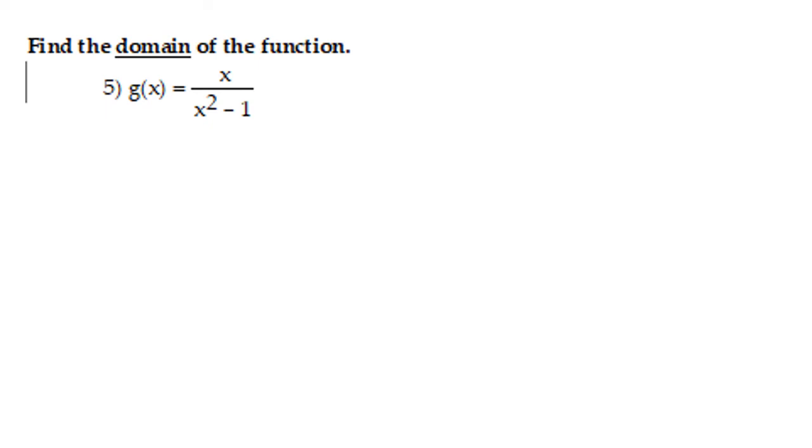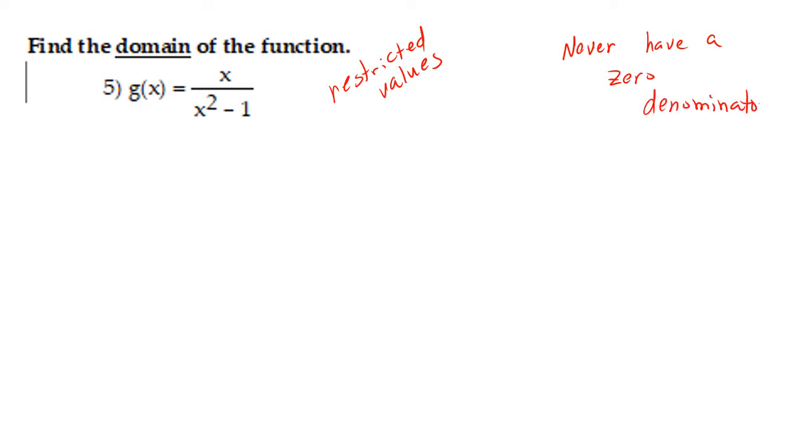Now, when finding the domain of a fraction, a rational function, we need to make sure that we use the restricted values. The restricted values are the numbers that cause us to have a zero denominator. Because remember, the rule is you should never have a zero denominator in a fraction. So the way I do it is I just look at the denominator.